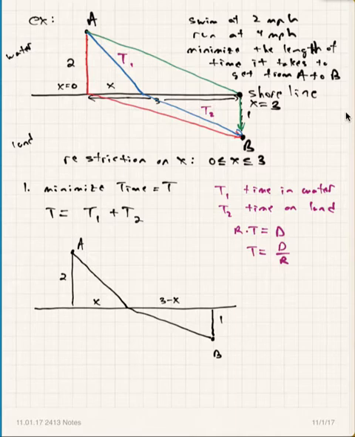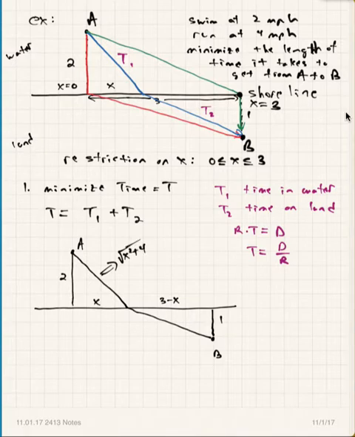And so notice we do have the distance formula here, or the Pythagorean theorem, and you can use the Pythagorean theorem to write these distances. This distance right here, using the Pythagorean theorem, would have to be the square root of x squared plus 4.